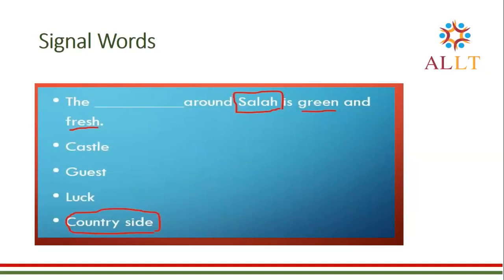Words like green, fresh, cities like Salalah, which are famous for their beautiful countryside. So students from the sentence itself can predict and get the correct meaning of the word through those signal words or key words in a sentence.